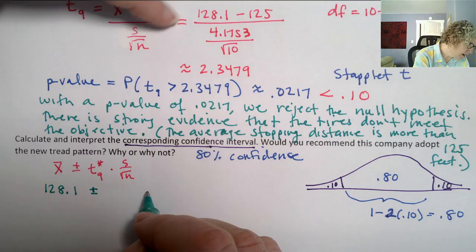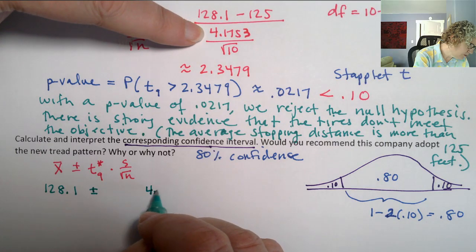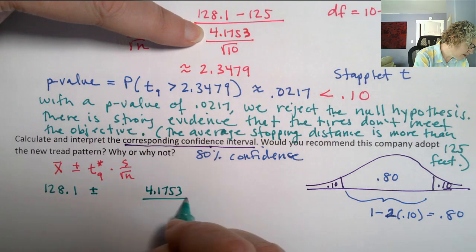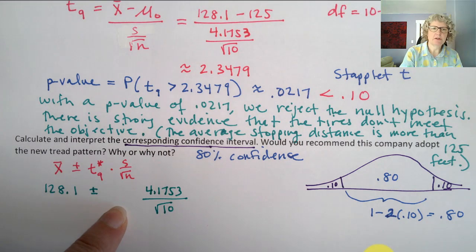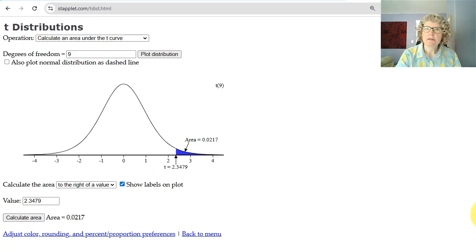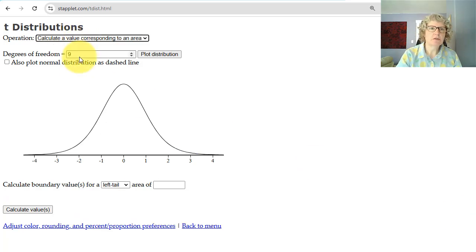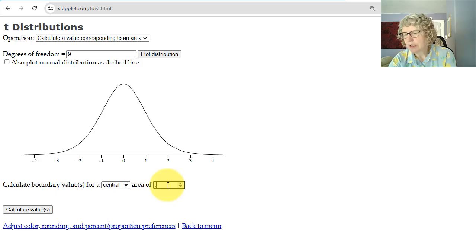I'm going to leave a space for that, and I'm going to put in the 4.1753 over the square root of 10. Okay, so now let's go find our t star. So we already have our t distribution here, but we're going to switch to a value. I'm going to keep the degrees of freedom 9, and we want central area of 0.80.